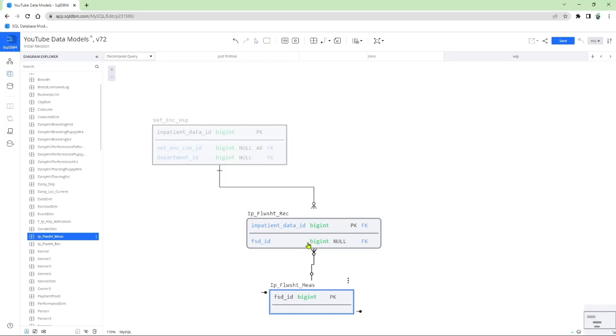Now, typically, if I was actually looking at this data, I would believe that this is part of the primary key, the FSID, which is in both of these tables. But because this is done as a left outer join, I've left it as a non-identifying piece of information so that we know, because of the 0 here, that this is an optional relationship within this data. I sort of question that, but I can't tell you for sure that that's what's going on.